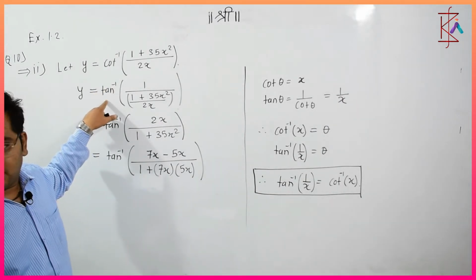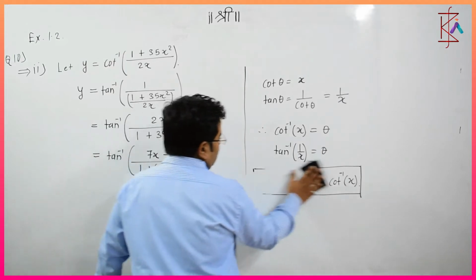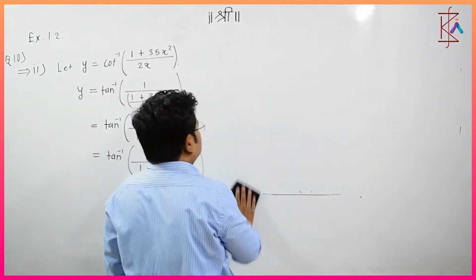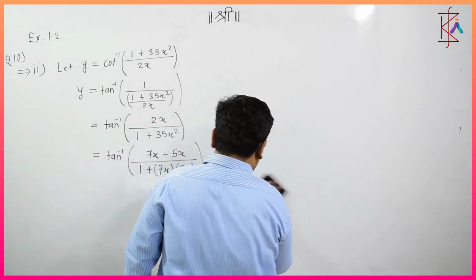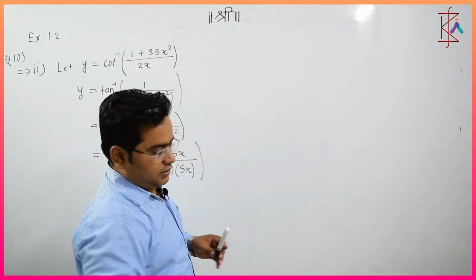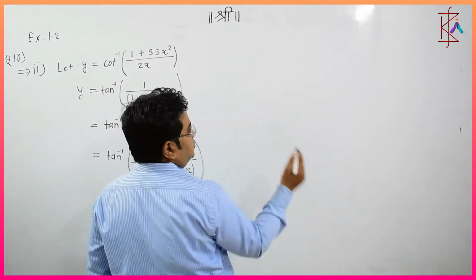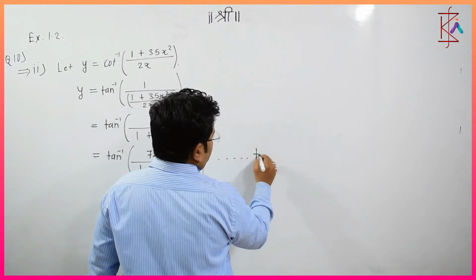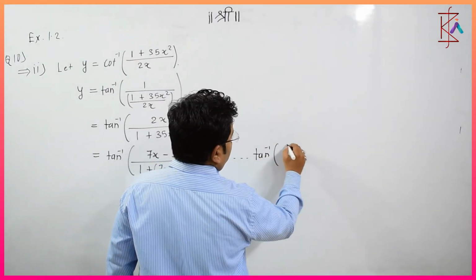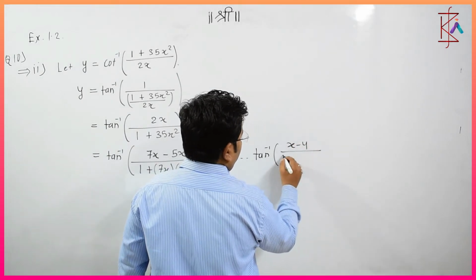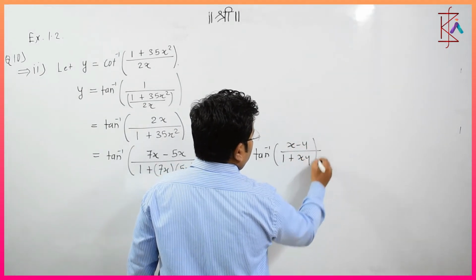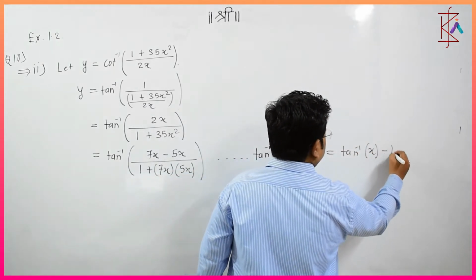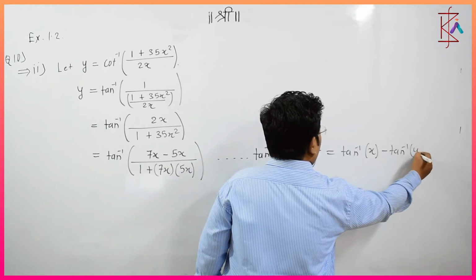Good. Now next step is we need to write another formula, just the change of sign. The initial formula was tan inverse of (x plus y) divided by (1 minus xy) is equal to tan inverse of x plus tan inverse of y. Now this formula says: tan inverse of (x minus y) divided by (1 plus xy) is equal to tan inverse of x minus tan inverse of y.